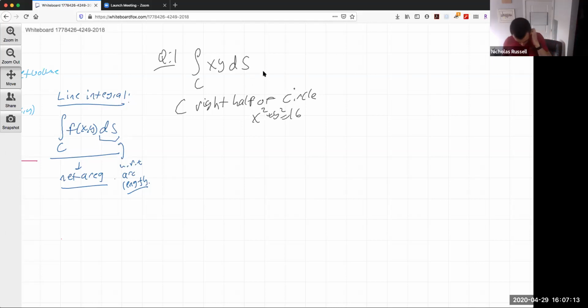So if you recall, one thing we like to do was shift this to a time integral, because we have a nice representation between arc length and time. We actually did this back in the day when we tried to compute some arc length.